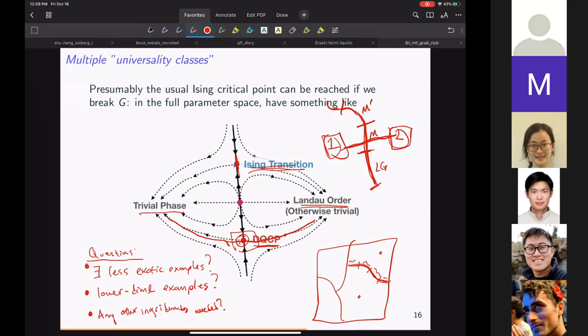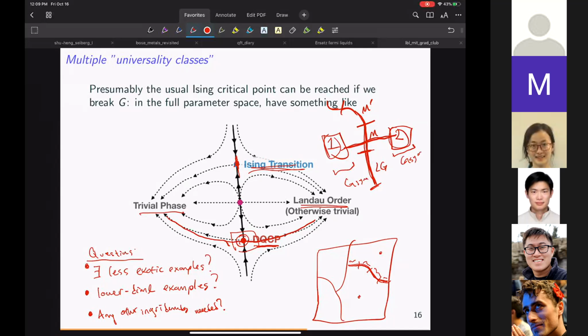Yeah. So I think the point of going through this whole discussion about SPTs was to say that the information you need to describe these two different phases, 1 and 2, does not care about G, in the sense that this is just G symmetric and this is also G symmetric.